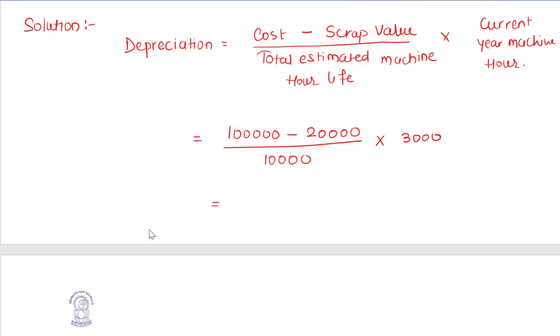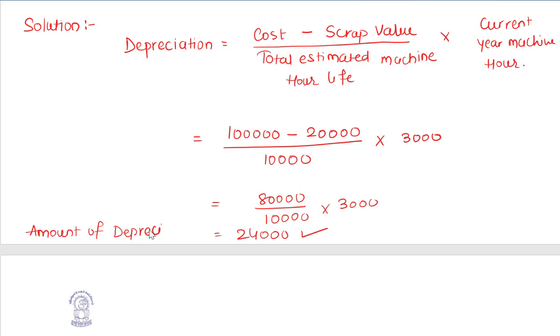Let us quickly calculate the amount of depreciation. 1 lakh minus 20,000 is 80,000, divided by 10,000, multiplied by 3,000. The zeros cancel, 8 multiplied by 3 equals 24,000.